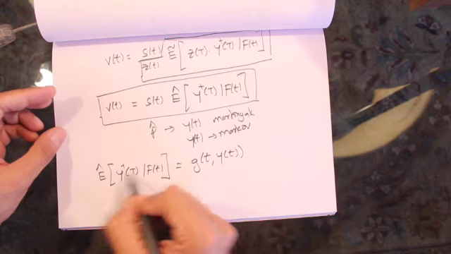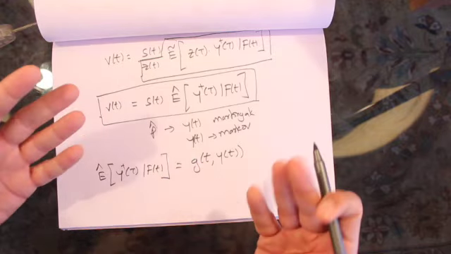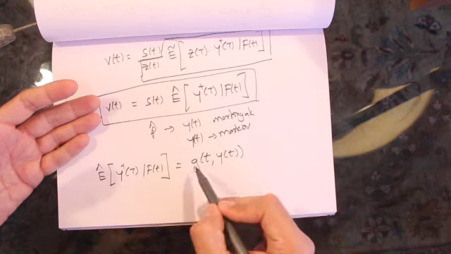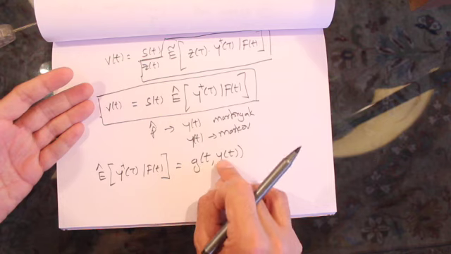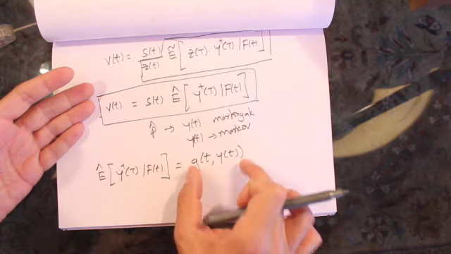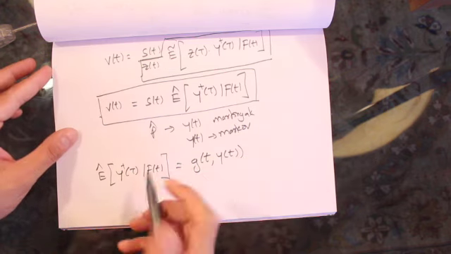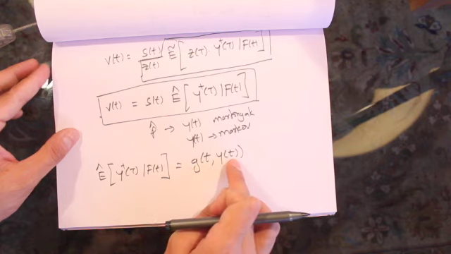Since it's a Markov under p hat, you remember the Markov property, right? That there exists a function g such that this can be expressed as a function of time and the process at time t. This basically comes from the Markov property. So this is important, that this expectation can be written as a function of t and y of t.